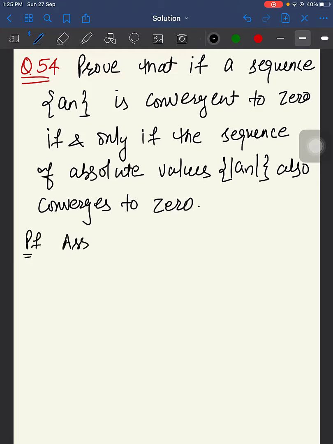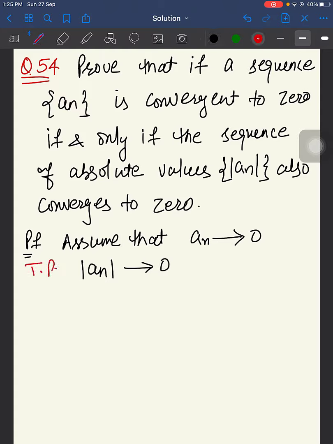Assume that an is converging to 0, right? So all we need to prove is that mod an is also converging to 0. That is something which we need to prove, and that is given.